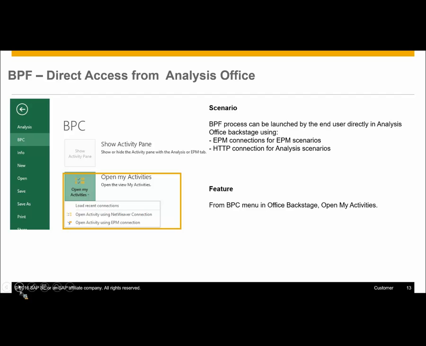Basically, in 2.3, we introduced a new UI, a new panel on the left side of the screen, which allows the end user to retrieve directly in Excel and in PowerPoint all the steps defined in BPC on his BPF activities. That was already existing in the previous version. What is new with Analysis Office 2.4 is that now we are able to support the whole process of the BPF from Excel.